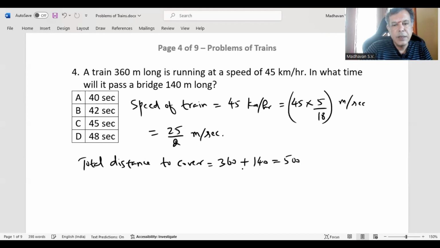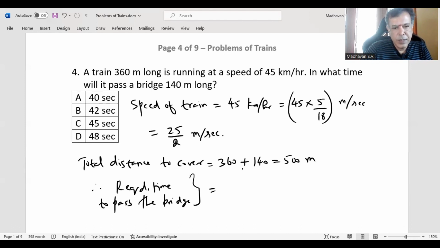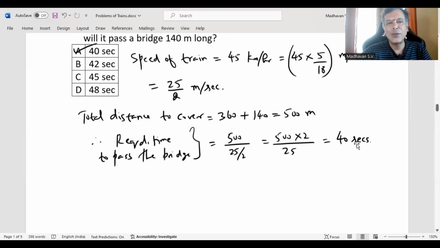So that will give us 500 meters. Therefore, the required time to pass the bridge, which is nothing but distance divided by speed. So 500 divided by 25 by 2, which is 500 into 2 divided by 25. That will give us 40 seconds. So the answer is option A. Let us move on to the next question.